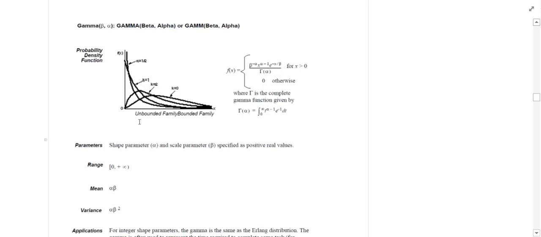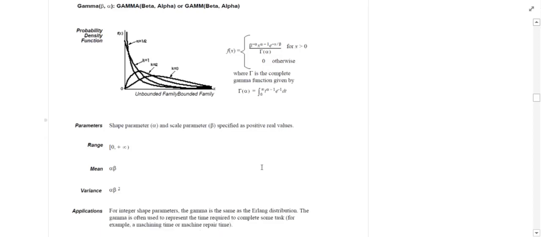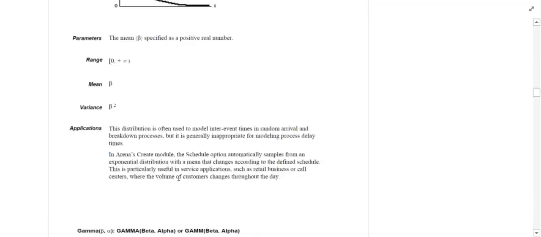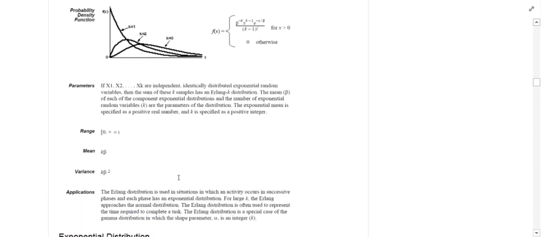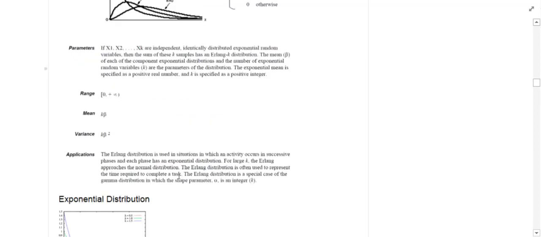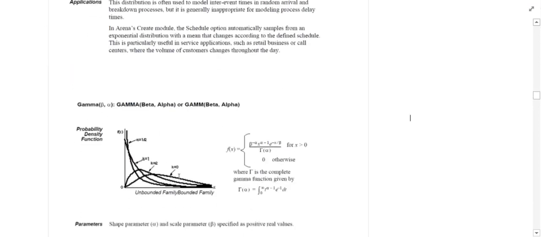So you can see some examples of that here, equations that drive it over on the right. The mean on this again would be simply alpha times beta. Variance would be alpha times beta squared, much like the Erlang up above here that we talked about previously.